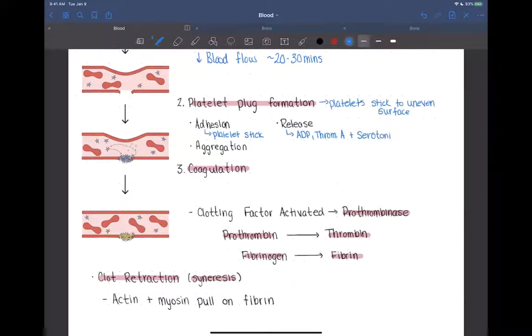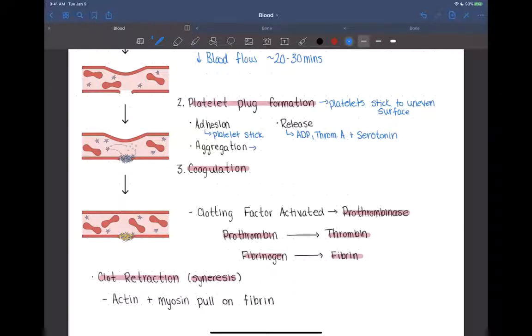That serotonin is going to cause further vasoconstriction, and the thromboxane A2 and ADP are going to attract other platelets. More and more platelets will come in response to those signals, and that will cause aggregation.